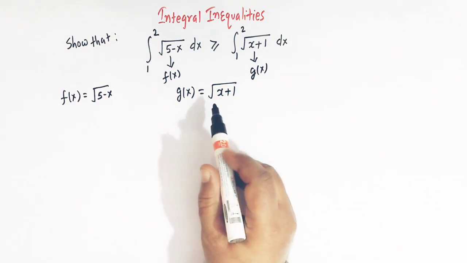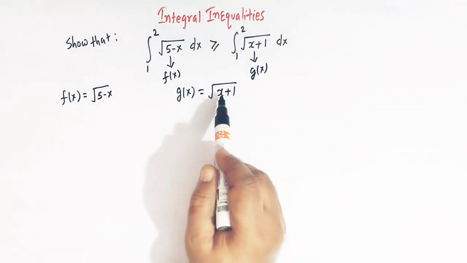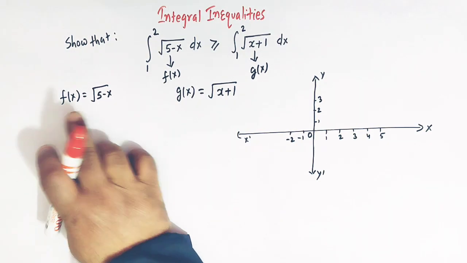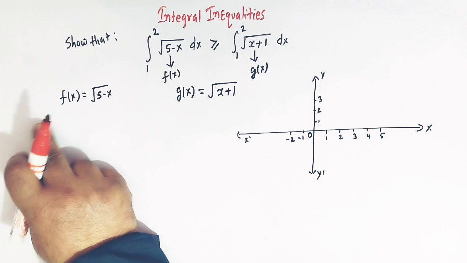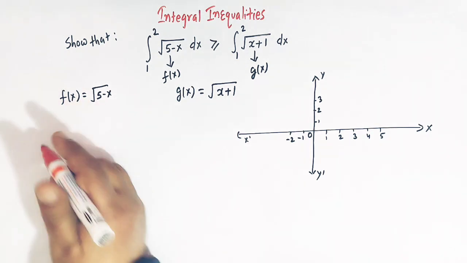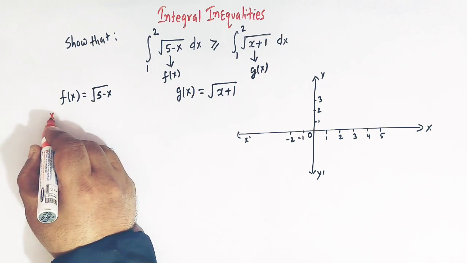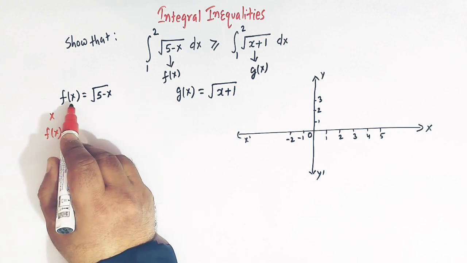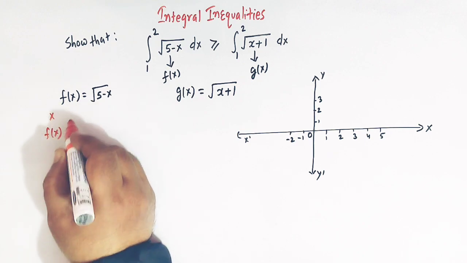And we'll graph both the functions on the same rectangular coordinate system. So to graph both the functions, let us take some particular values of x in f of x and g of x, right? So let us take here x and the corresponding value of f of x.